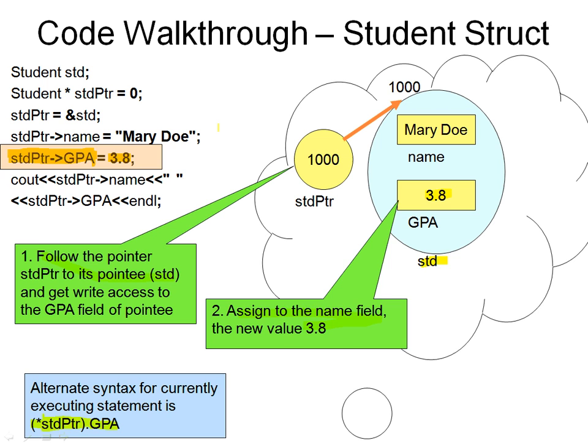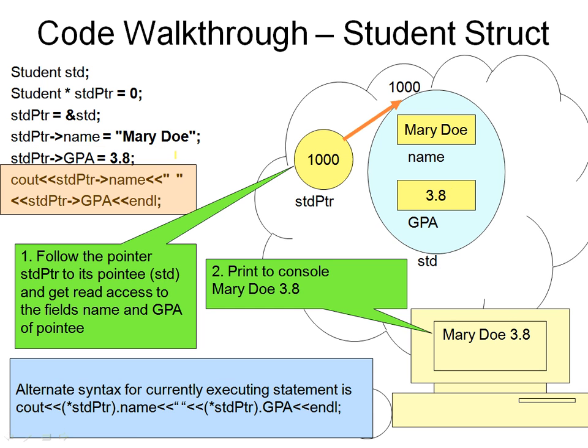Okay, next line. Next we are outputting name and GPA to the console. This portion means follow the pointer stdptr to its pointee std, grab hold of the name field and also the GPA field and print both of them to the console like this. So this part prints Mary-Do to the console, this part prints GPA to the console. The output on the console is this, which you saw earlier.